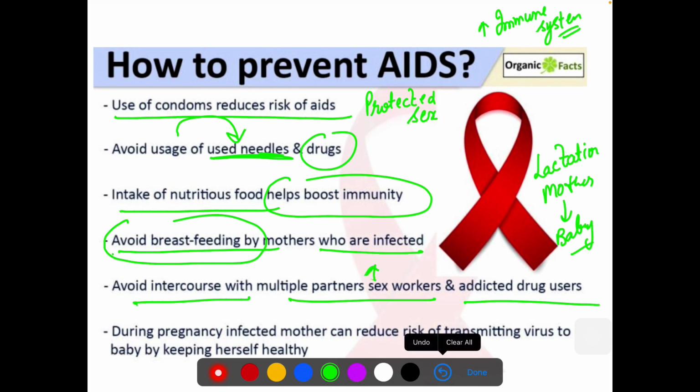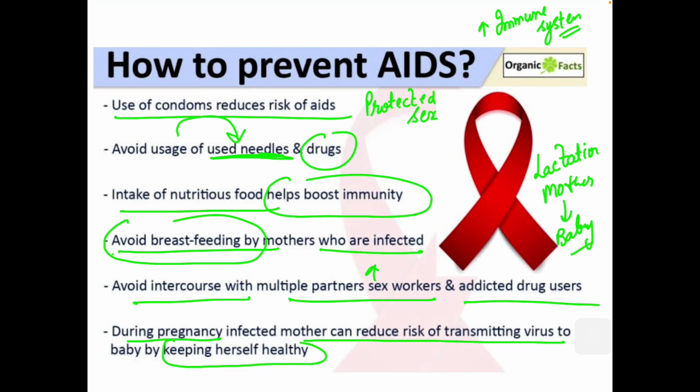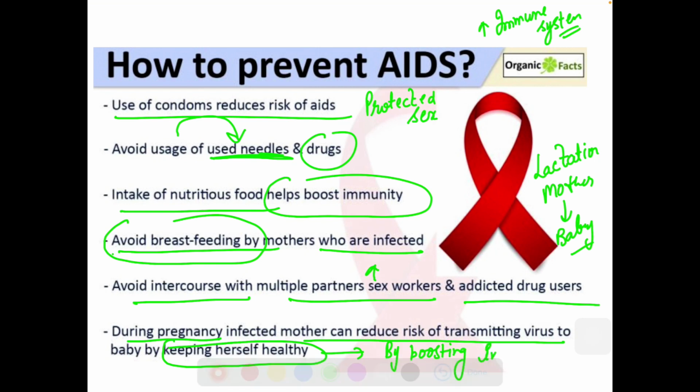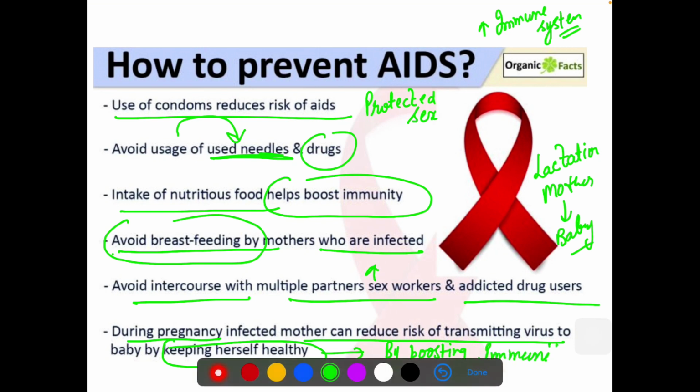It can be easily transmitted to a healthy body. During pregnancy, an infected mother can reduce the risk of transmitting the virus to the baby by keeping herself healthy and boosting immunity, right? Immunity is a very very important point to be taken care of.